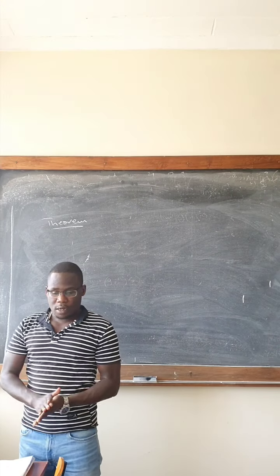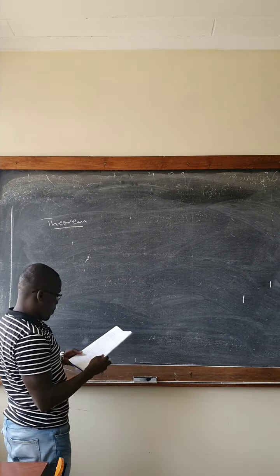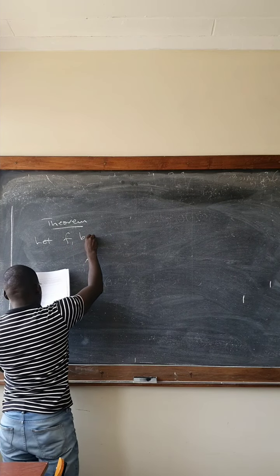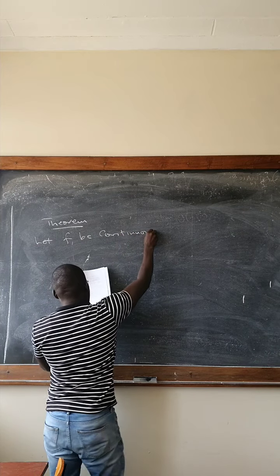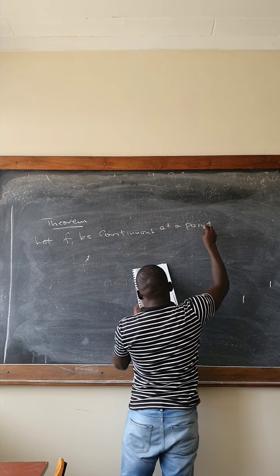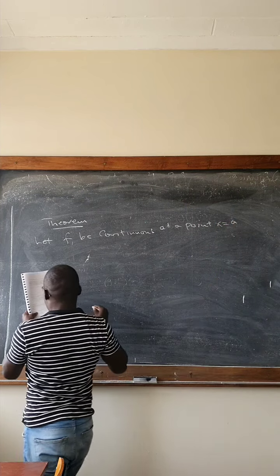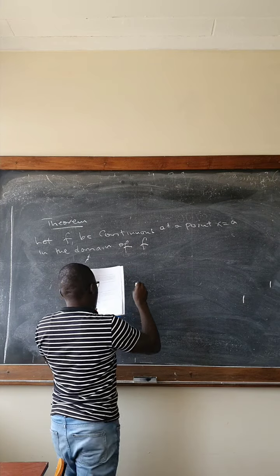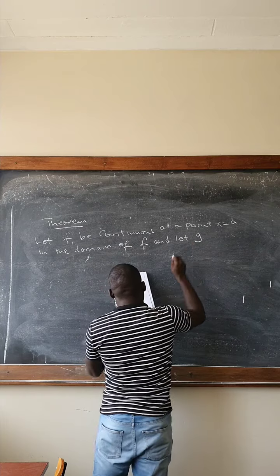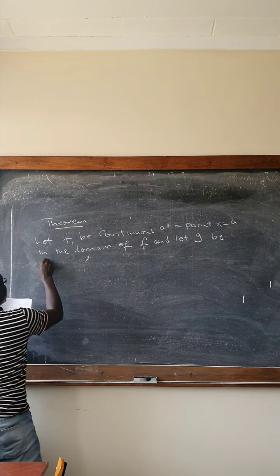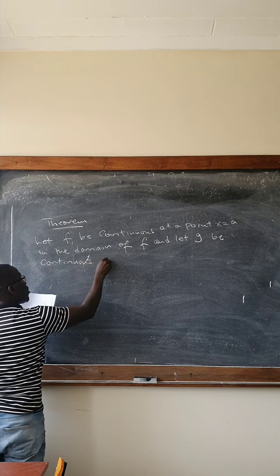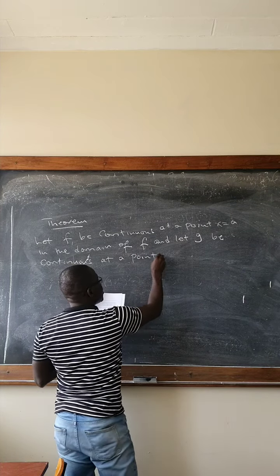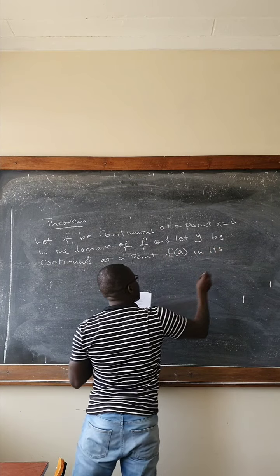Okay, so we continue with our theorem for composition, and here we say let f be continuous at a point x is equal to a in the domain of f, and let g be continuous at a point f of a in its domain.